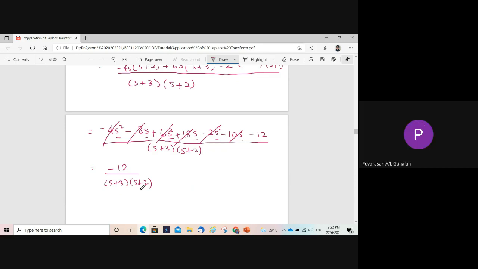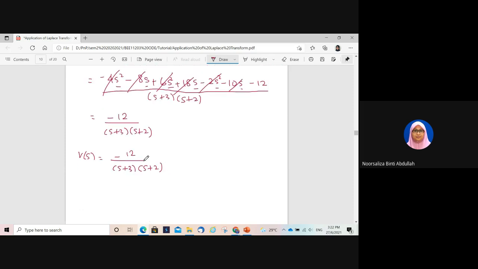Okay tak? Okay, so ini Vs equals to minus 12 over s plus 3, s plus 2. Okay, so kita nak dapatkan, we want to find the time domain signal.